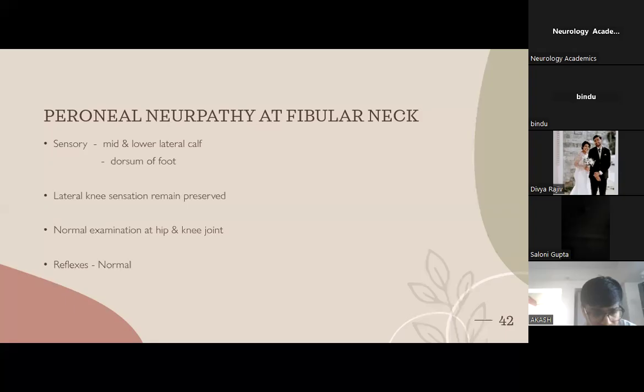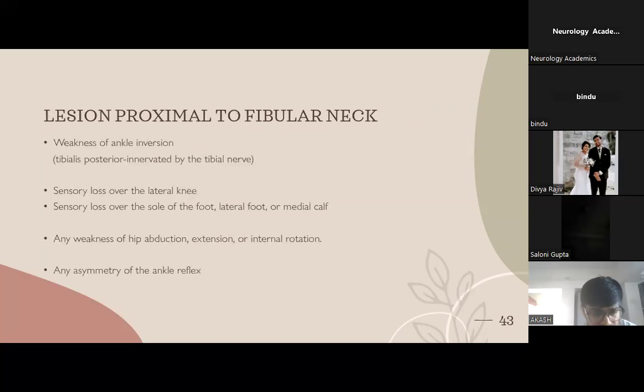Hip extension, hip abduction, internal rotation, and knee flexion will be spared because they are supplied by the tibial part of the sciatic nerve and also the lumbosacral plexus, which gives off the inferior gluteal and superior gluteal nerves, which supply hip abduction, internal rotation, and hip extension. And reflexes will be normal in peroneal neuropathy at the fibular neck.